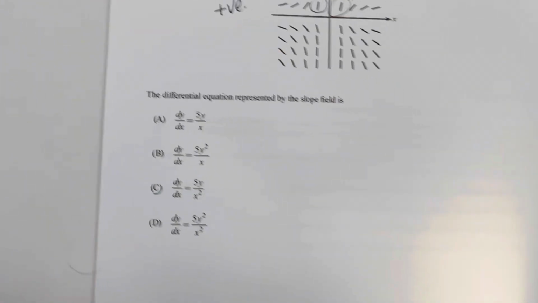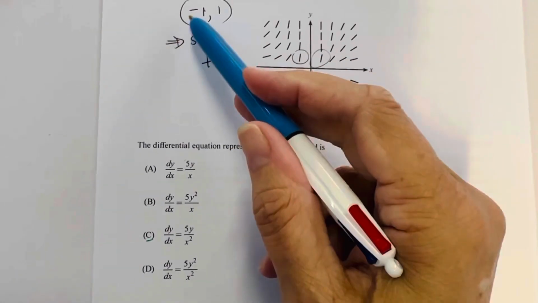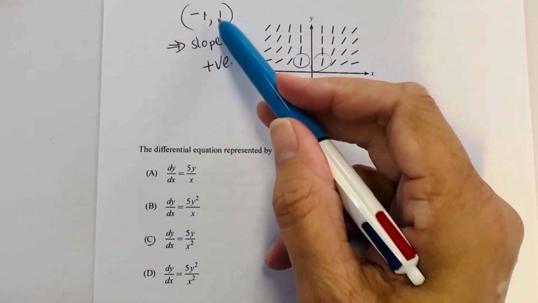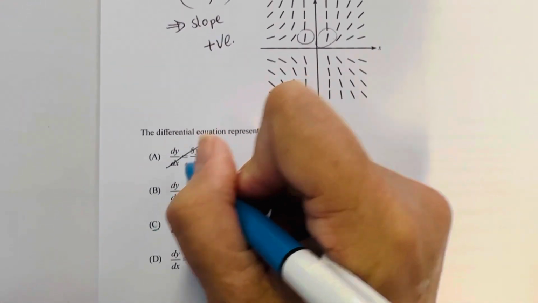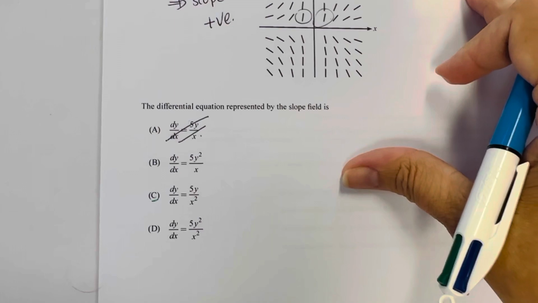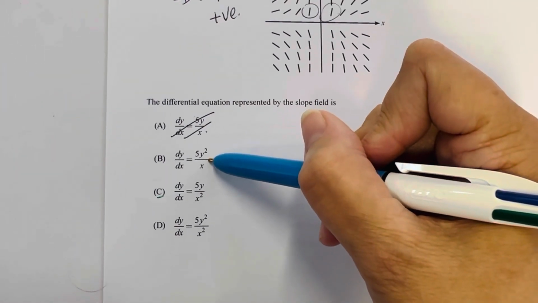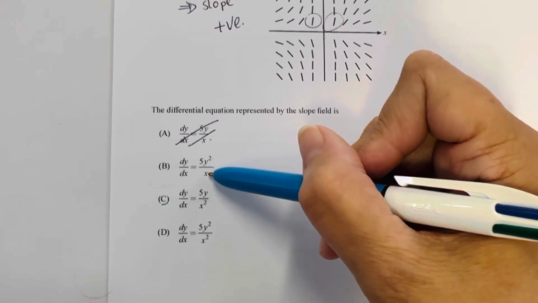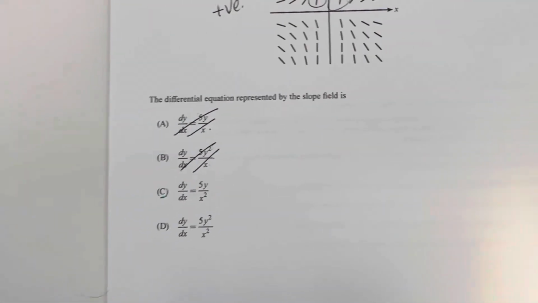Now, if we look at our options, if the x is negative and the y is positive, this first one would give us a negative slope, so it's not going to be that. If we look at the second one, the y being positive, the x being negative, that would come out as a negative, so it will not be that.